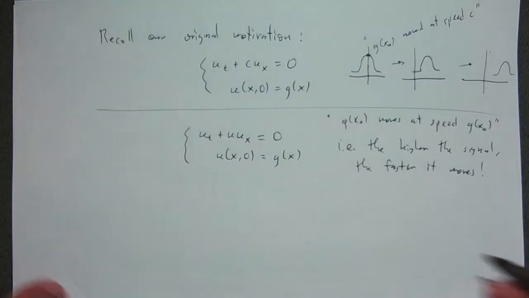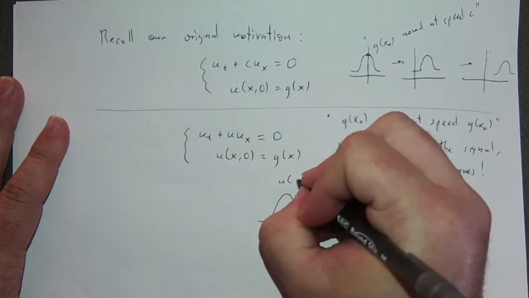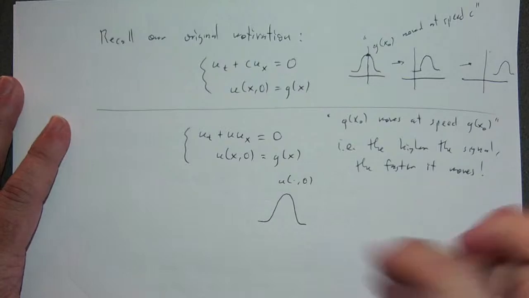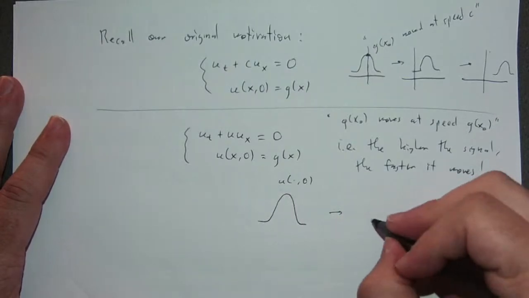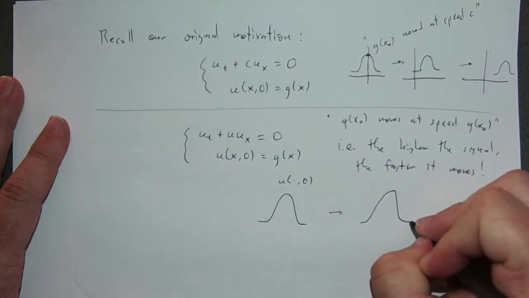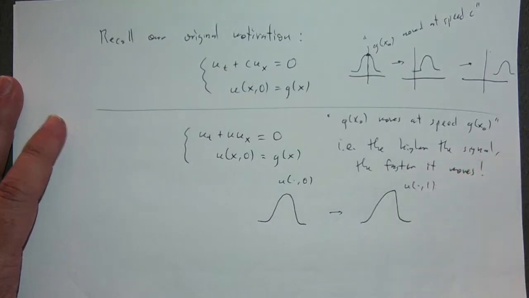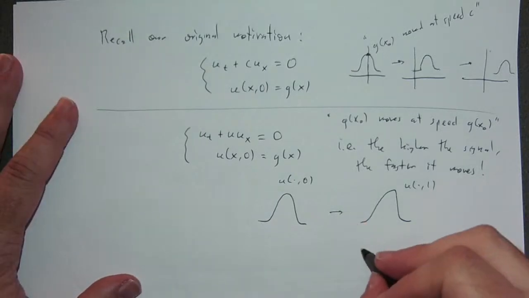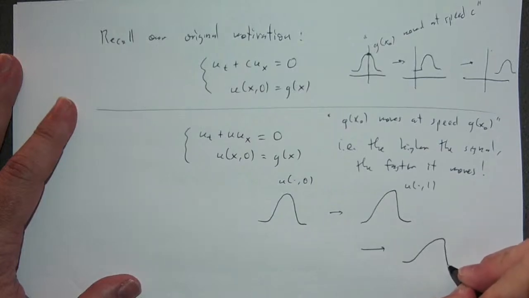So if you began with a solution profile that looked like this, then after some time, because the higher parts are moving faster than the lower parts, you get something that maybe looks like this. And maybe this keeps going until it's almost vertical here.